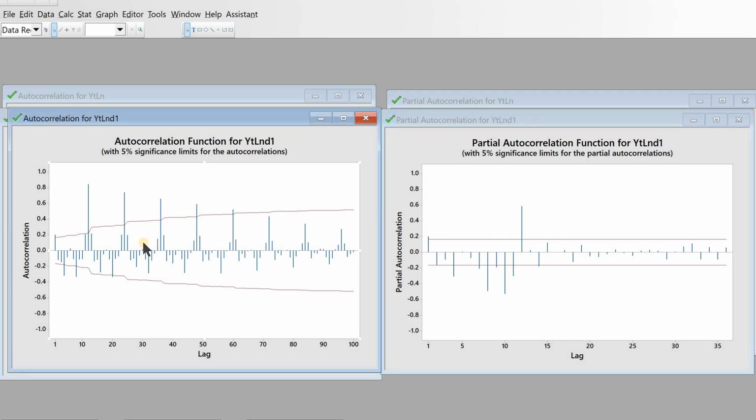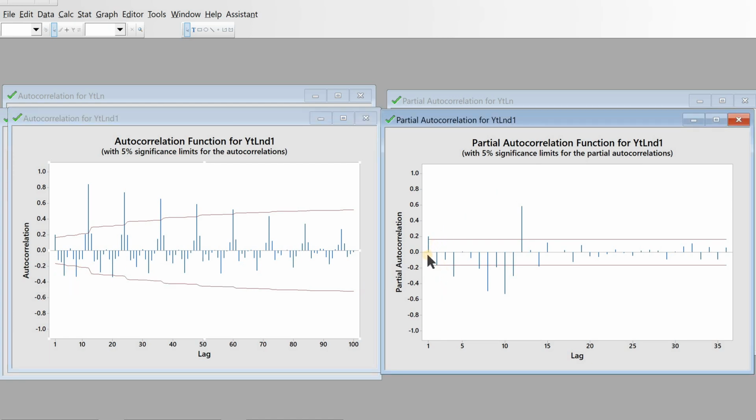Let's interpret it one by one. First, we look at the non-seasonal part of the ACF plot. Here we can say that it cuts off at lag 4, at the non-seasonal lag. Then we look at the non-seasonal lag of the PACF plot.